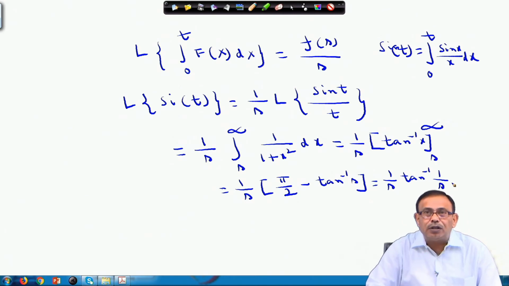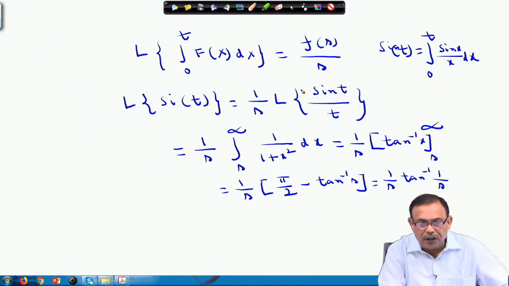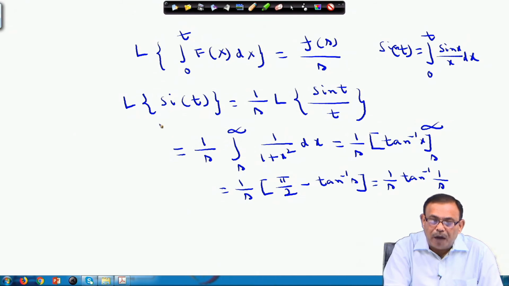So, this is the simplest solution. I am using the integral theorem, Laplace transform of the integral from 0 to t of f(x) dx equals F(s) by s, and using it I am writing this equals 1 by s times the Laplace transform of sin t by t. Again by the division theorem, I can write it as the integral from s to infinity of 1 by 1 plus x square dx.